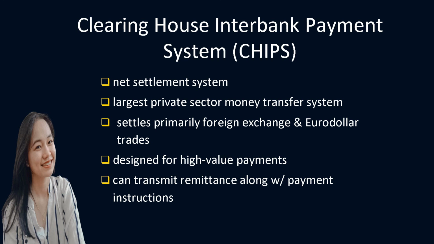I'm going to discuss the Clearinghouse Interbank Payment System, or in short, CHIPS. So what is CHIPS? CHIPS is also a net settlement system, like the Automated Clearinghouse system. CHIPS is also the largest private sector US dollar-based money transfer system in the US.